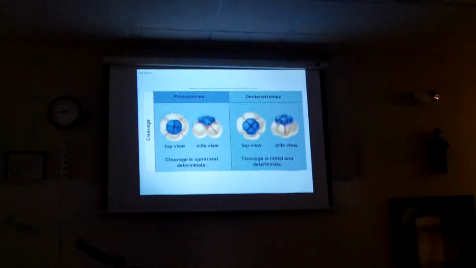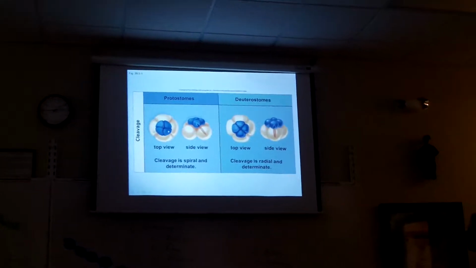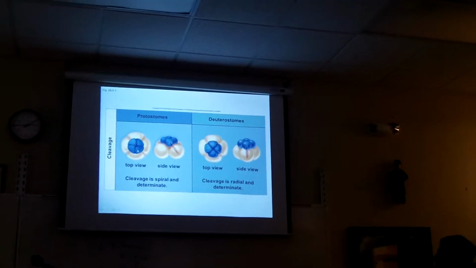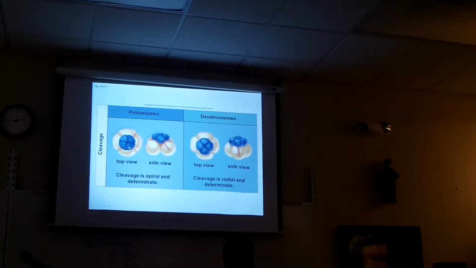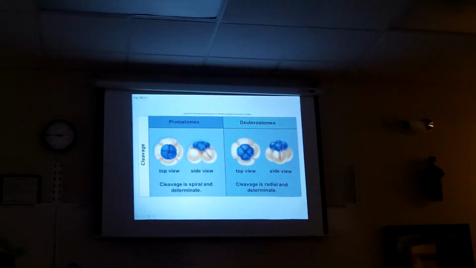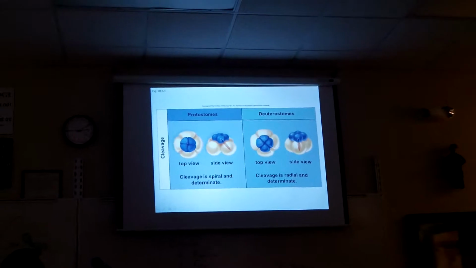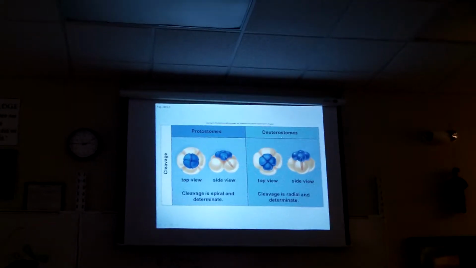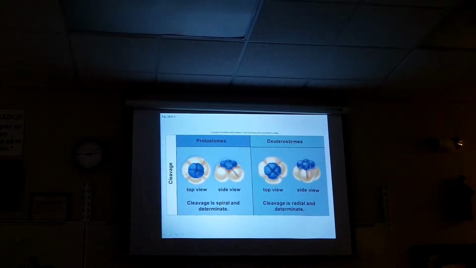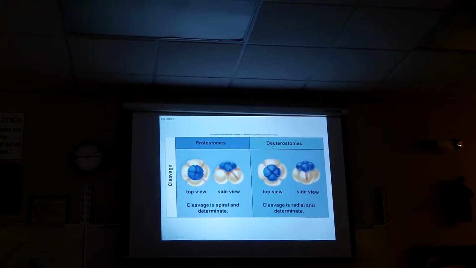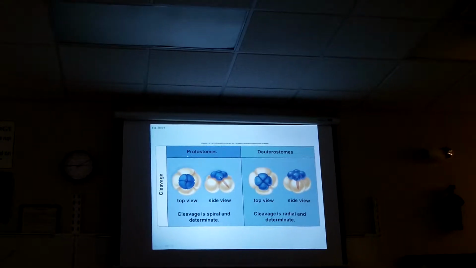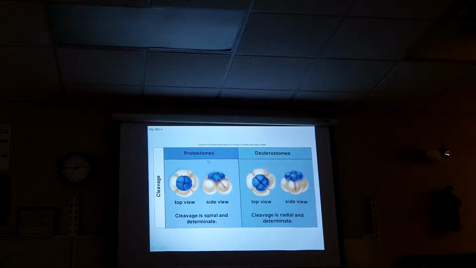See, if you're looking down on the cells, these 4 cells are in the grooves here, and they call that a spiral arrangement versus a radial arrangement. So, which one are you? Well, you're a deuterostome. Deuterostome means mouth second. And protostome means mouth first. Proto means first, stome means mouth.